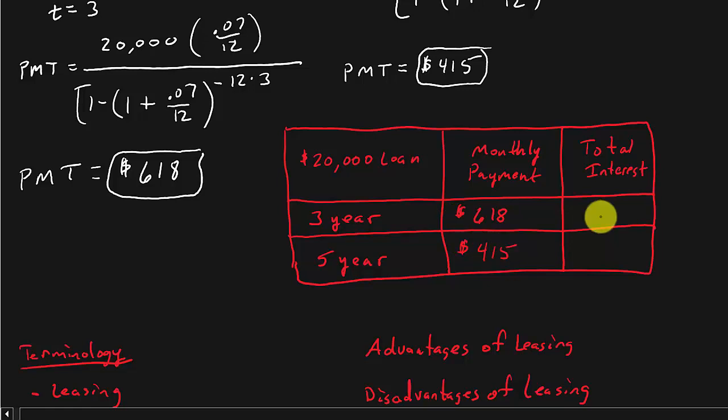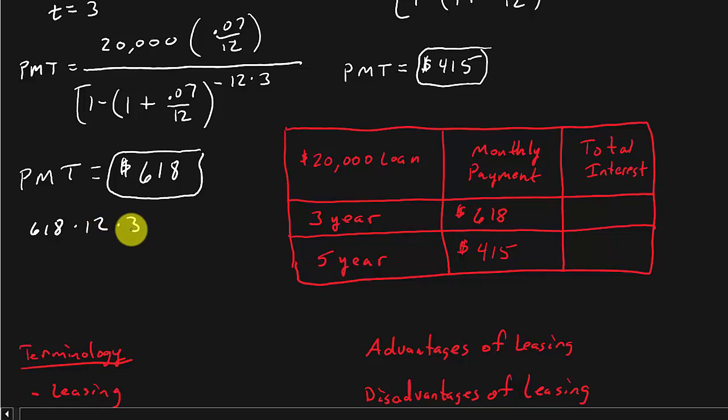So let's just look at the total interest for the 3-year and the total interest for the 5-year. First, let's look at the 3-year. I made $618 payments every month, and there's 12 months in a year times the 3 years.